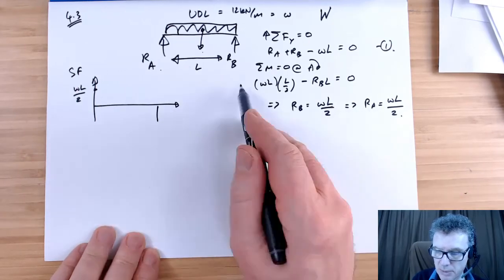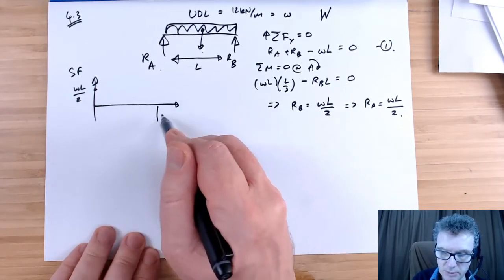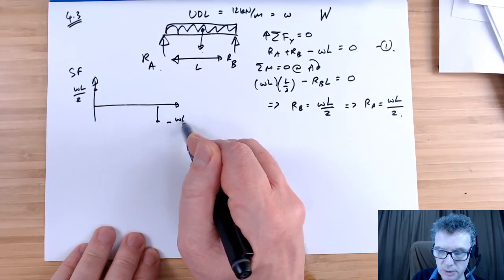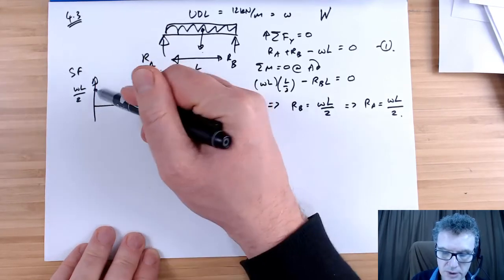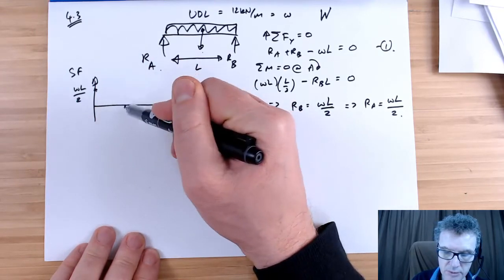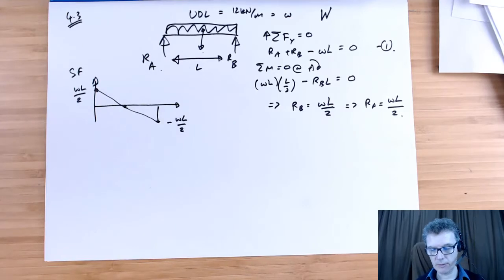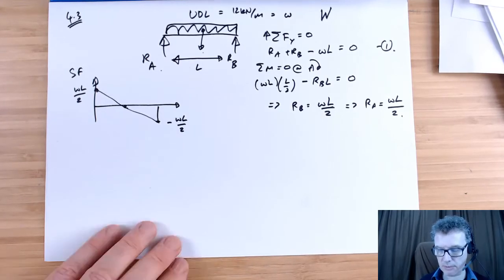So when we're at B, jumping up by the same amount, so that means we must be minus wL over 2. So start there, in the middle it's going to be 0. Draw a straight line there. So that's my shear force diagram.